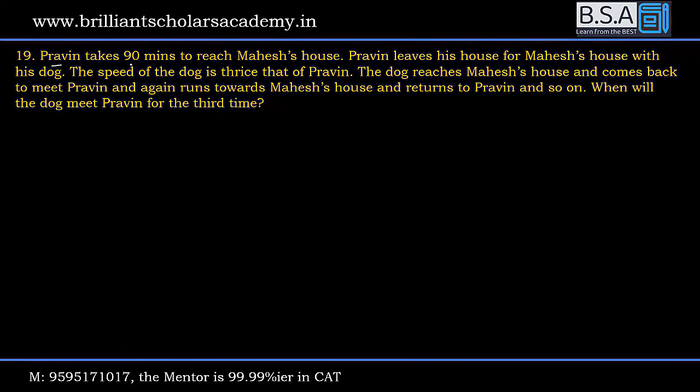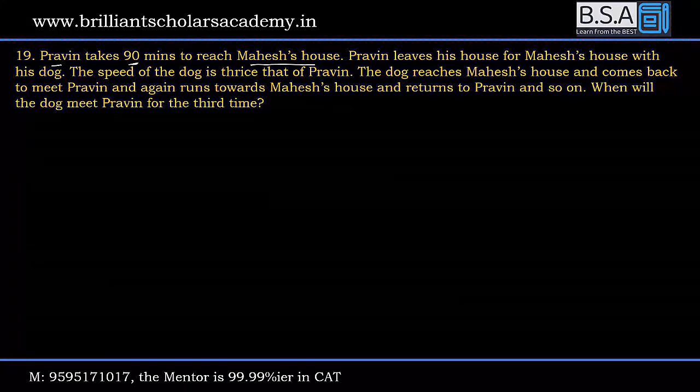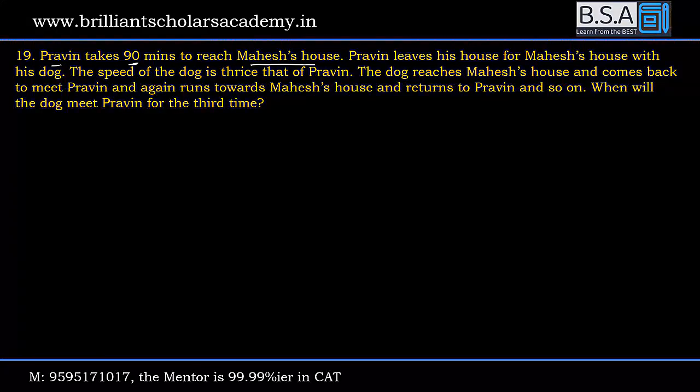Praveen takes 90 minutes to reach Mahesh's house. Praveen leaves his house for Mahesh's house with his dog. The speed of the dog is thrice that of Praveen. The dog reaches Mahesh's house and comes back to meet Praveen and again runs towards Mahesh's house and returns to Praveen and so on.